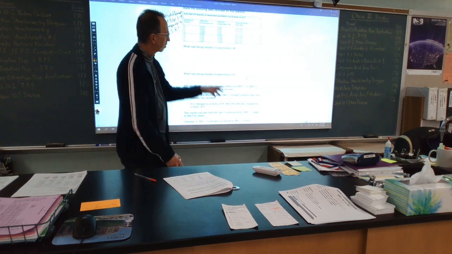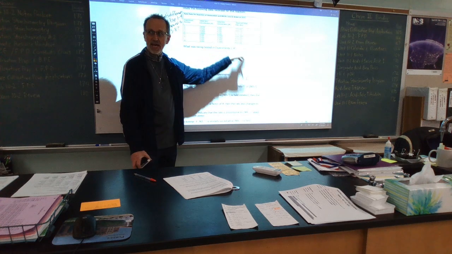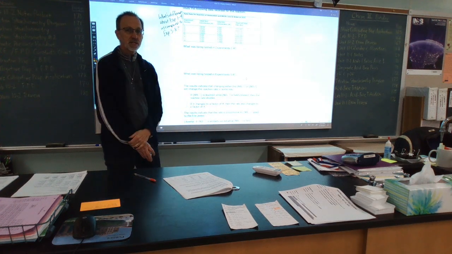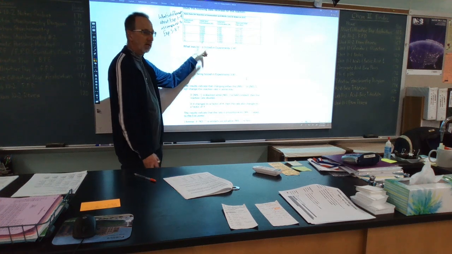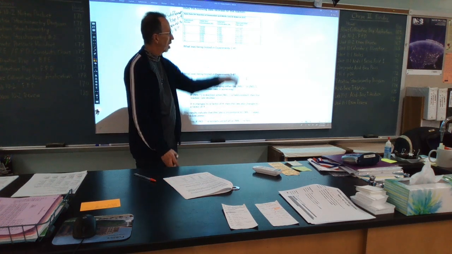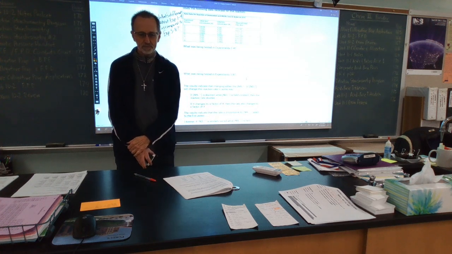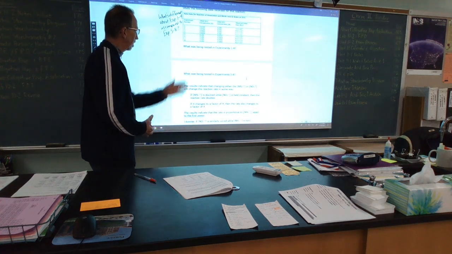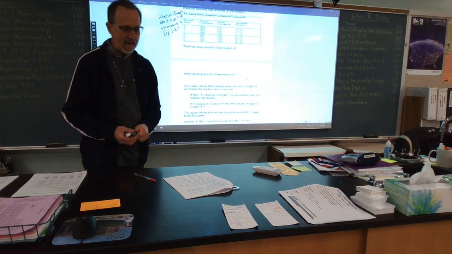But here again, this change in the rate was due to the changing of the concentration of the nitrite ion. The ammonium ion was held constant, and so that had nothing to do with the rate change.